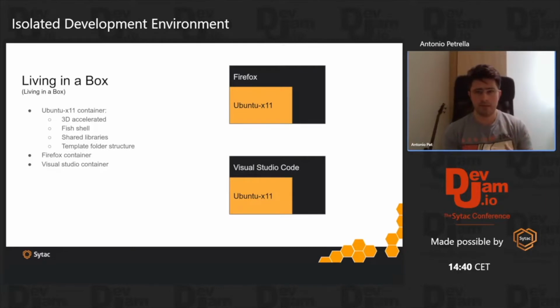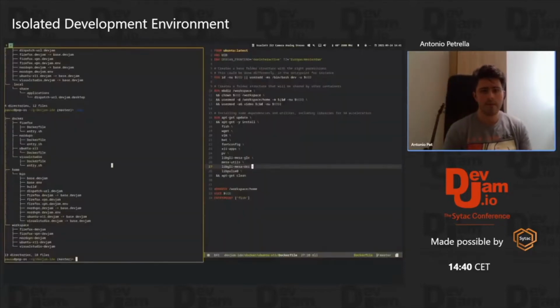I can make a folder structure inside, enable 3D acceleration, and add some utilities that I'm going to use on any container anyway. So we're going to have this image based on Ubuntu that includes some libraries for 3D acceleration. So let's start with that.